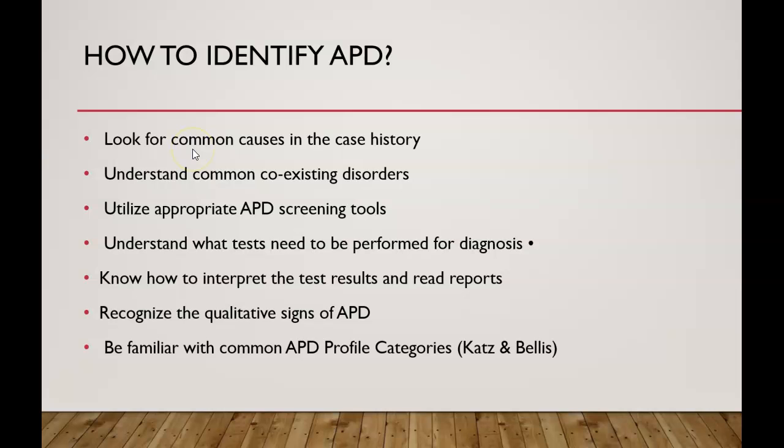We're going to look at some of the common causes of auditory processing disorder, and some of the common coexisting or comorbid disorders. We'll utilize the appropriate screening tools. There are 4 really good ones, but a bunch out there. And we'll understand what tests need to be performed to diagnose an auditory processing disorder.